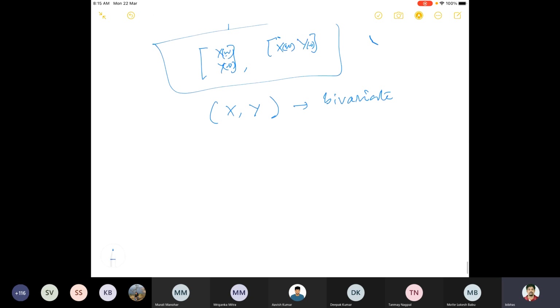And then what is the probability distribution when we define it? We'll call it the joint probability distribution. If x is a random variable, it has its individual probability distribution, which need not be related to the distribution or the density function of y.